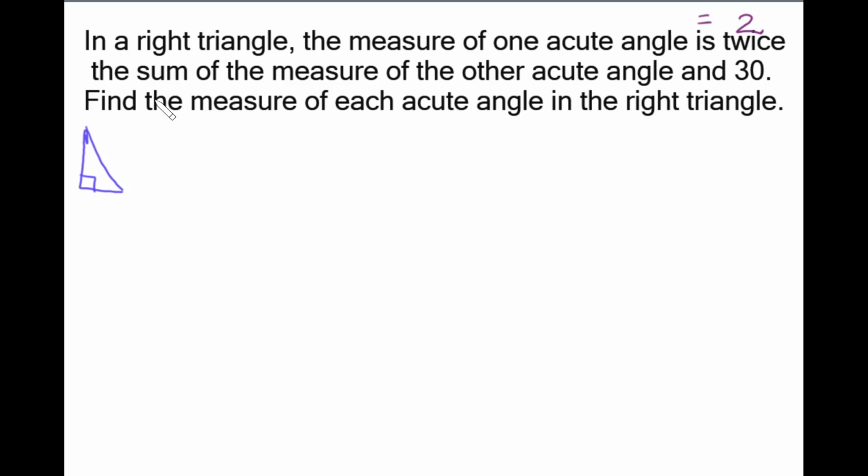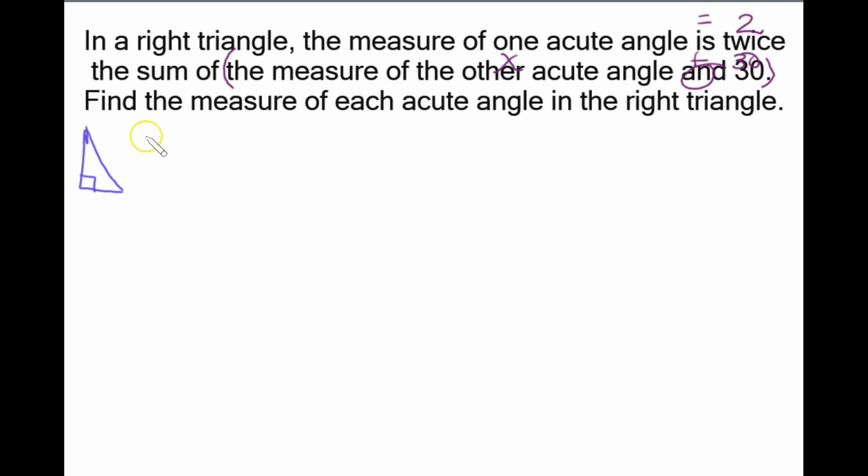That means I'm going to put something in parentheses because I have an of statement. The sum of the measure of the other acute angle, we don't know what it is, so we'll call it x, and 30. Find the measure of each acute angle.